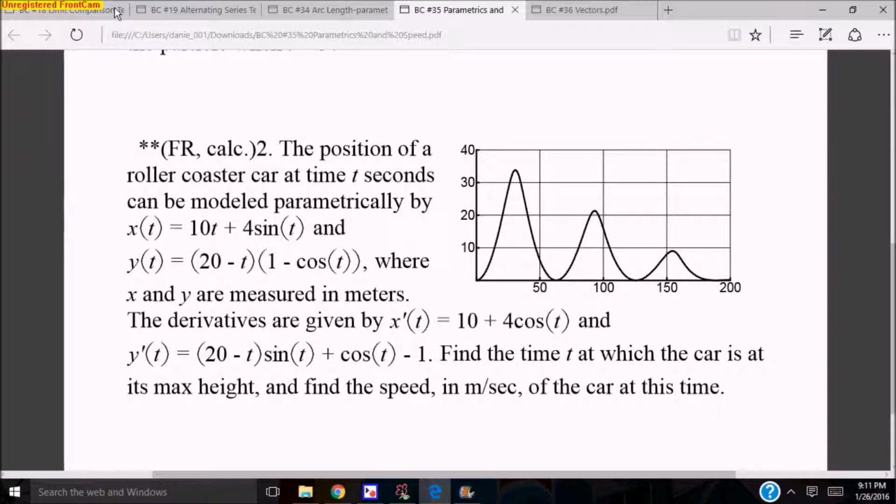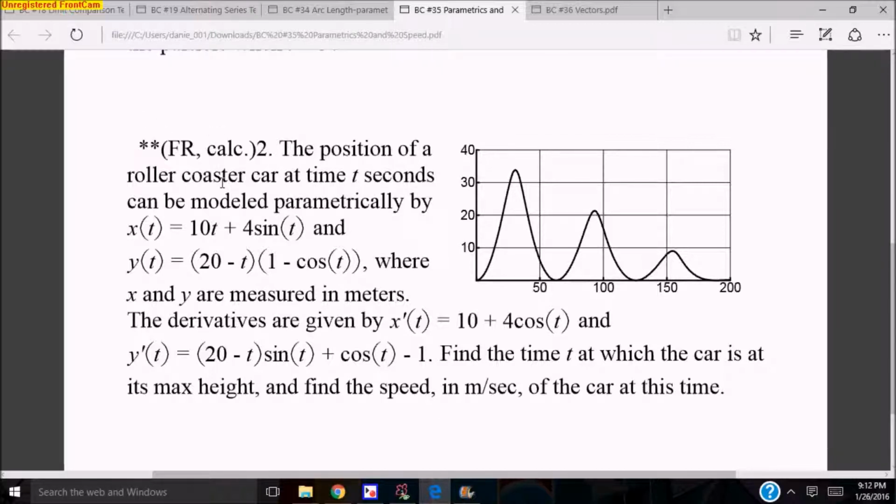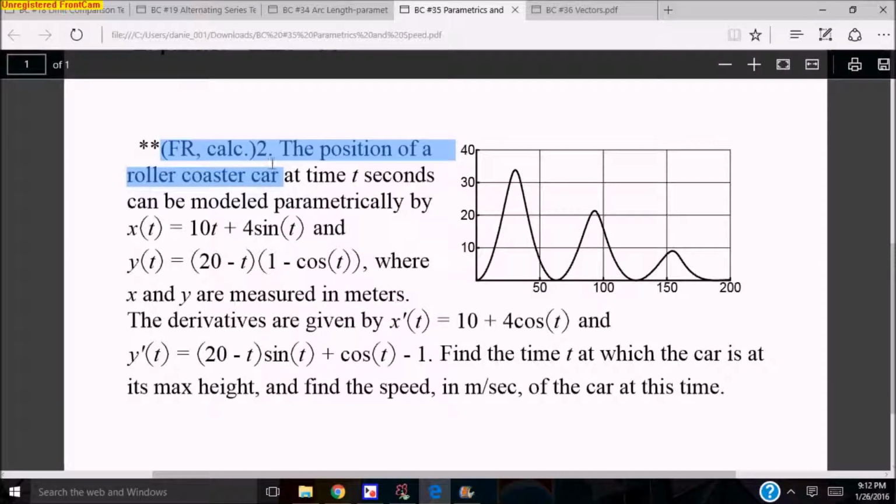Okay, so this is the other problem that is on this note card, and I'm just going to talk about it instead of working out the problem, because you can see over here that it's calculator based. But what's really important to realize is that this is from an old free response question, and it's telling you that they've given you functions for position for both the x and the y, which is what these parametric equations have been doing.